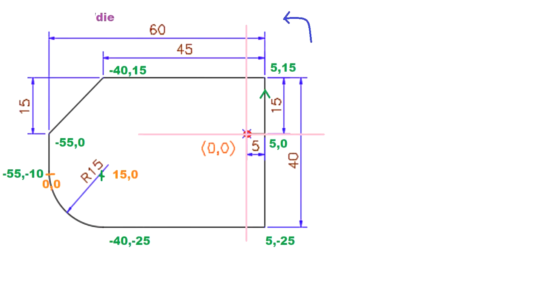Once we finish finding the coordinates, we can start to make a program for this diagram of die. Start with the number of program, for which you can put any number.